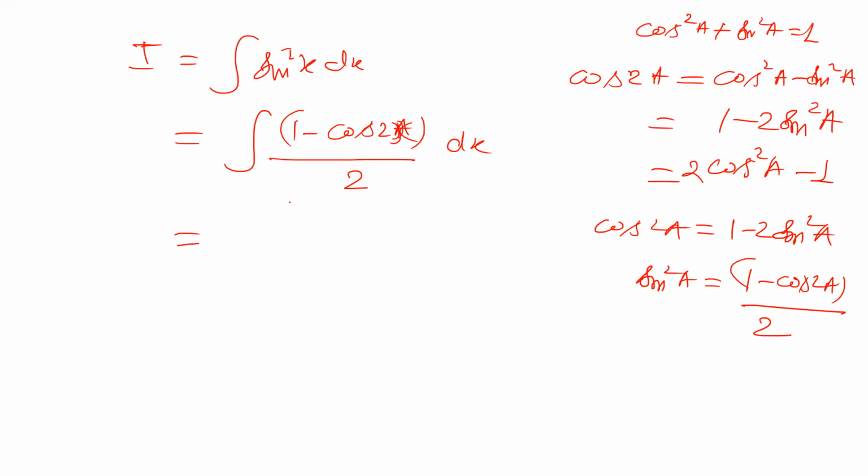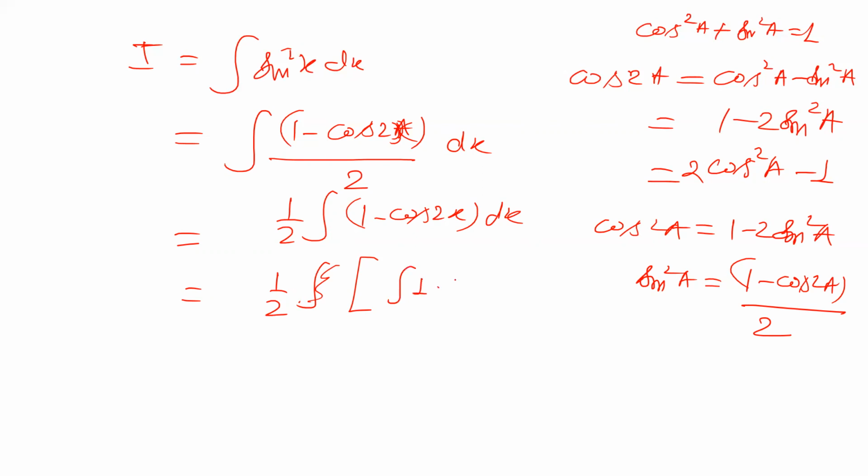We can take 1 by 2 outside, and the integral of 1 minus cos 2x dx. The integral is a linear operator, so you can integrate the functions separately.